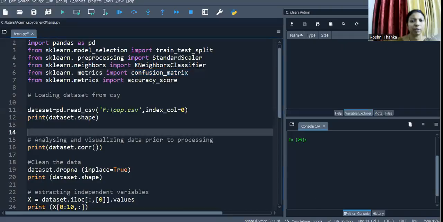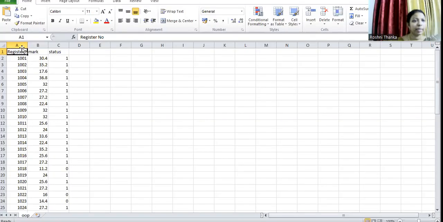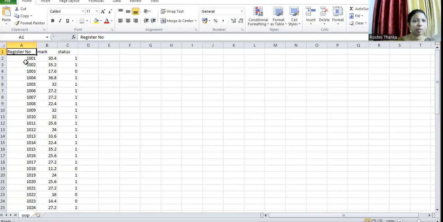Let me show the data set here. This is the data set where I have the register number of the students, what their marks are, and whether they have passed or not. So here we have two classes. One means they have passed, zero means they have failed the test. So this is the data set I am going to use to implement this KNN algorithm.